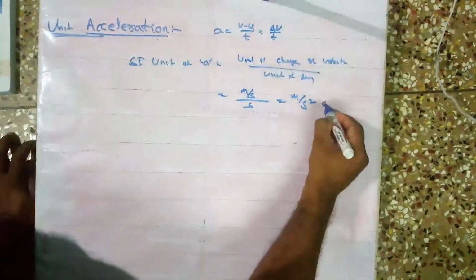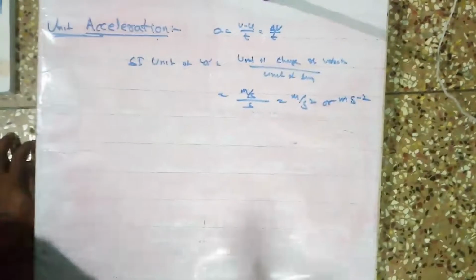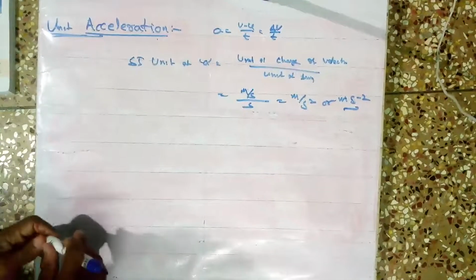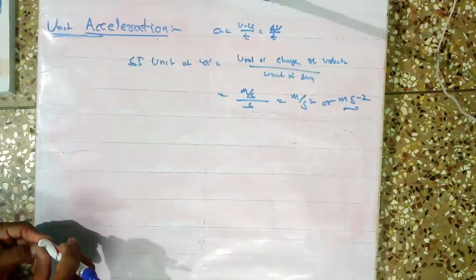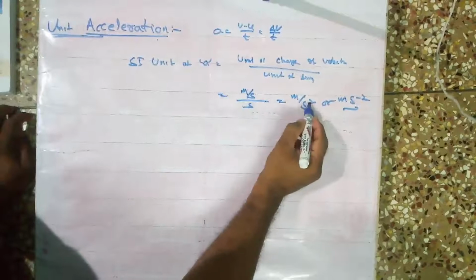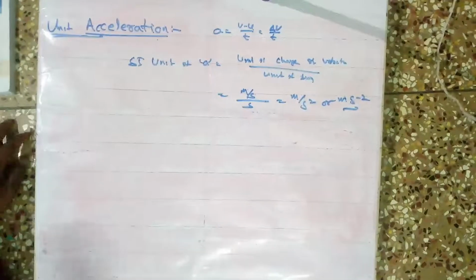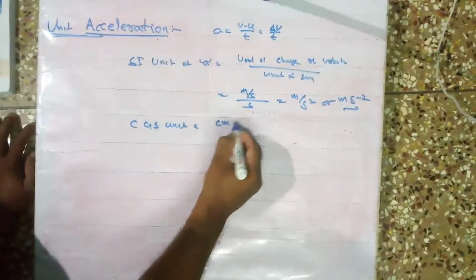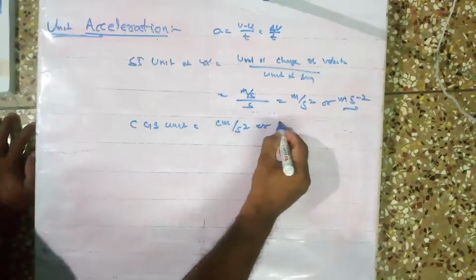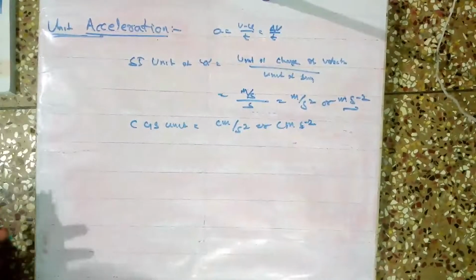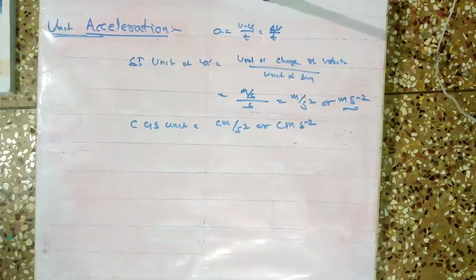Or you can write it like this also; the practice of writing like this is better and acceptable. Why, my dear? Meter per second by second. Second will go up, again it will be meter per square second. Clear? CGS unit: centimeter per square second. Clear? Hope up to this much it is clear.